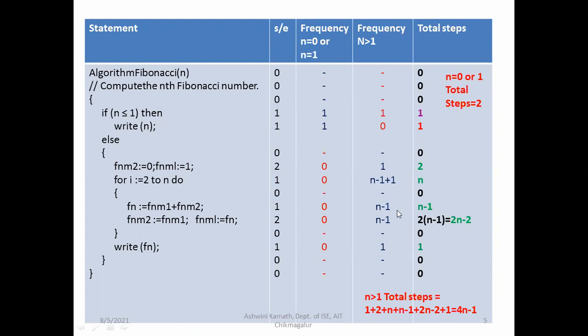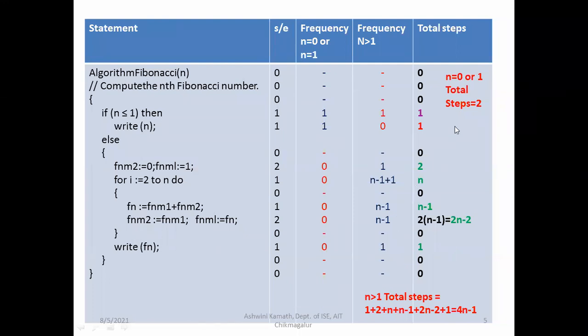This will also be executed n minus 1 number of times. Both the statements are within the for loop, and n minus 1 times the condition will be true. So these two statements will be executed n minus 1 number of times. Okay, I hope you understood. Then write of fn will execute 1 number of times.